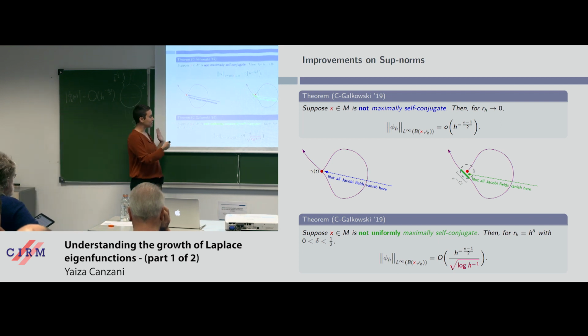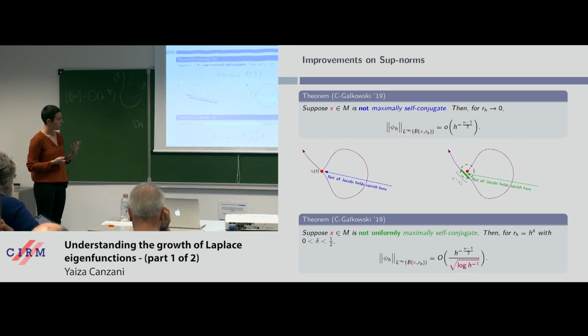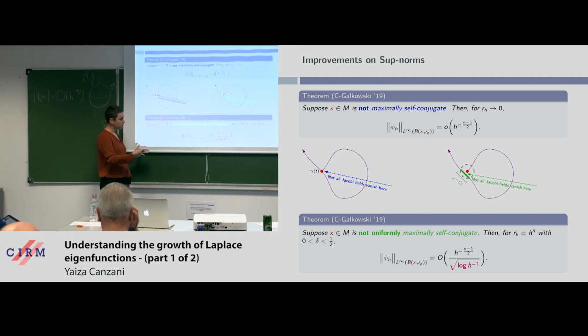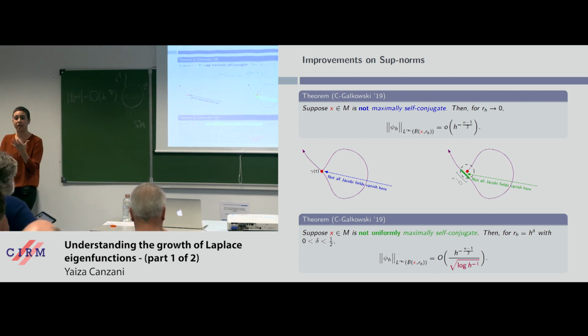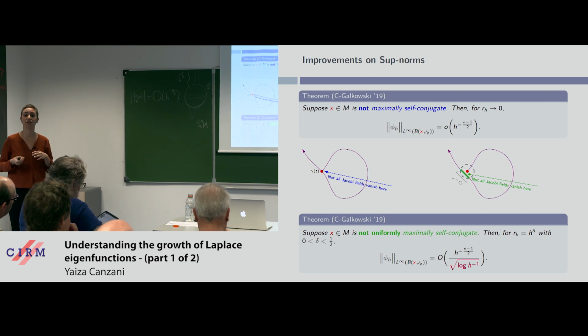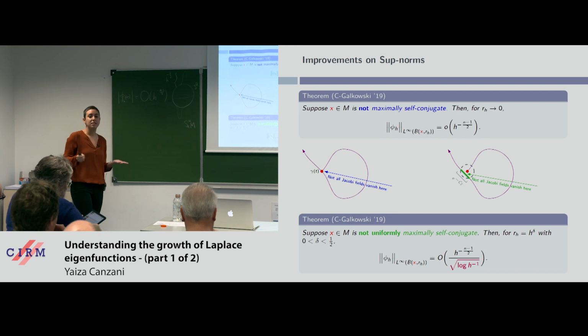This condition we are calling uniformly not maximally self-conjugate. And to our knowledge, this is the first result that gets a quantitative improvement at the point x, allowing the point x to be conjugate. It can be self-conjugate. It just cannot be self-conjugate with maximal multiplicity.